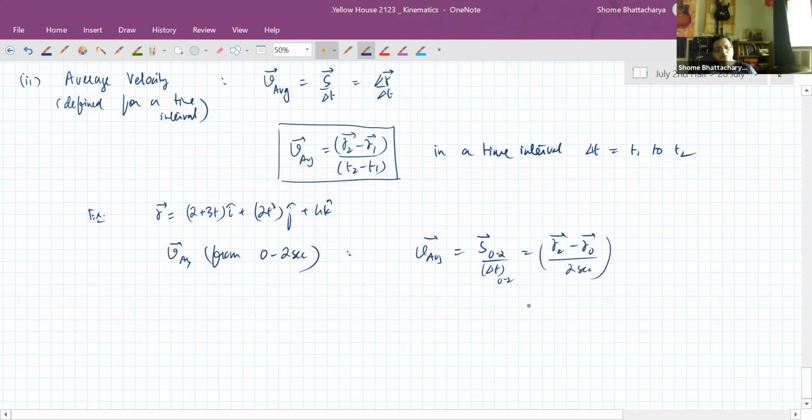We could see that this would become 6 i cap plus, at 2 seconds, 8 j cap, divided by 2. This is in meters, this is in seconds. So the average velocity would have been 3 i cap plus 4 j cap during that time interval, 0 to 2 seconds.